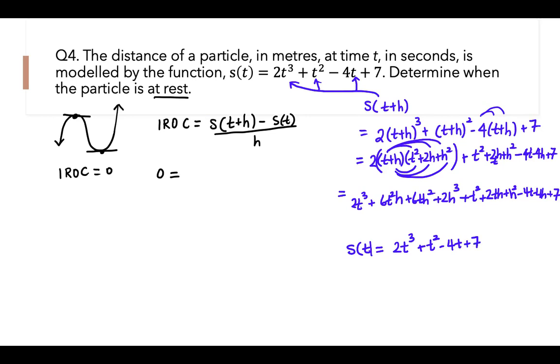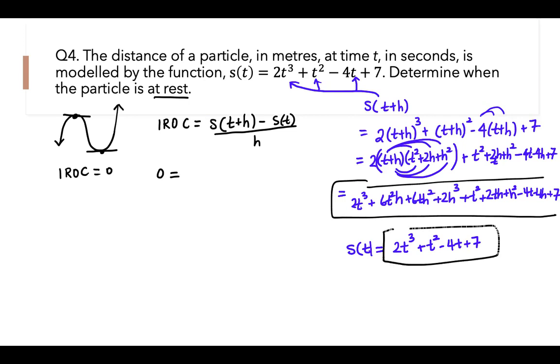What I'm going to do now is collect the like terms for this and this one. We will be subtracting this. Don't forget, when you're subtracting, make sure you put a bracket: this minus the whole thing. So it applies the distributive property.